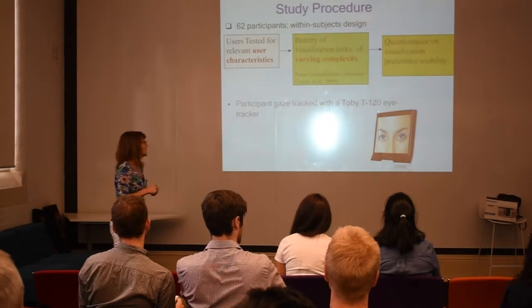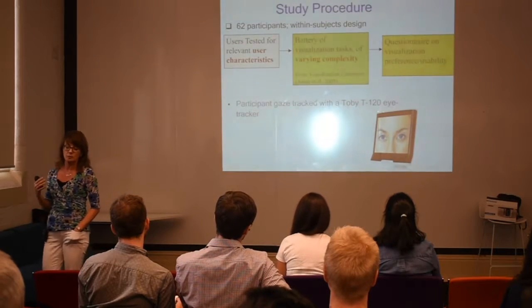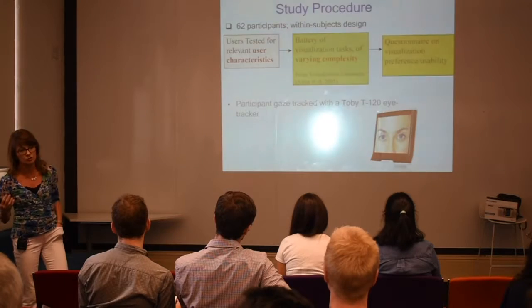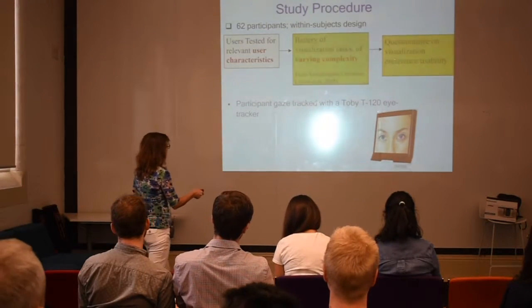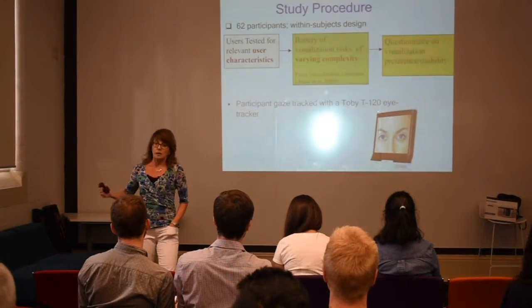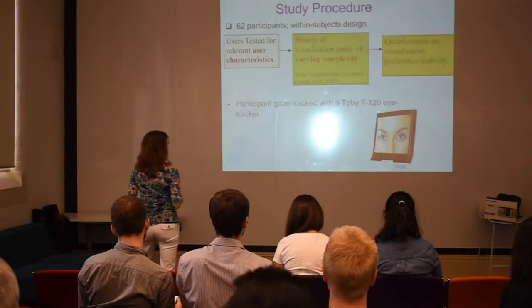I'll show you what they are in a bit. These come from a well-known taxonomy of basic visualization tasks that is used all the time in information visualization. And then in the end, they took a questionnaire on how they liked working with the visualizations, which one they preferred, and so on.